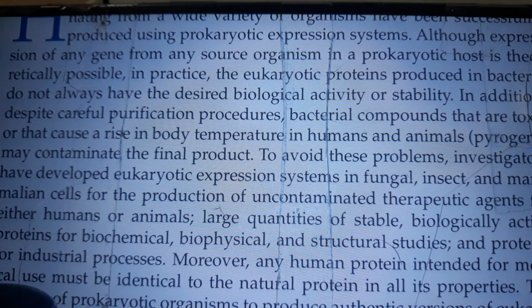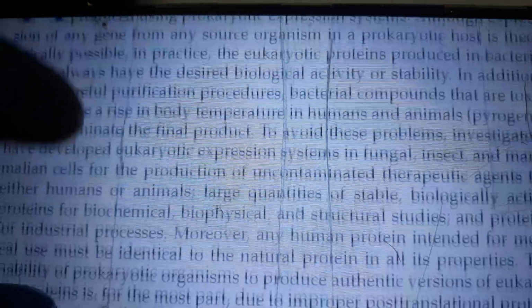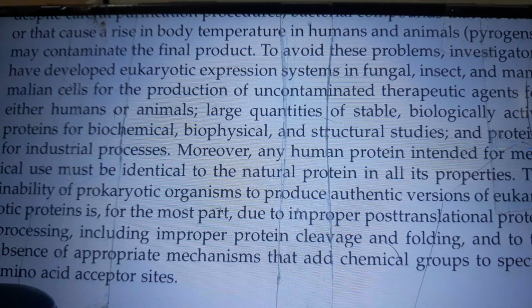Large quantities of stable, biologically active proteins for biochemical, biophysical and structural studies, and proteins for industrial processes. Moreover, any human protein intended for medical use must be identical to the natural protein in all its varieties.